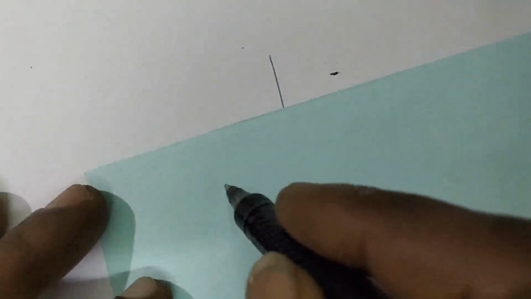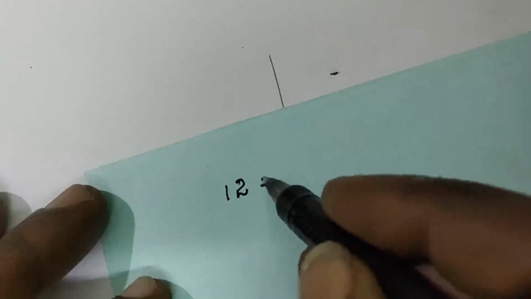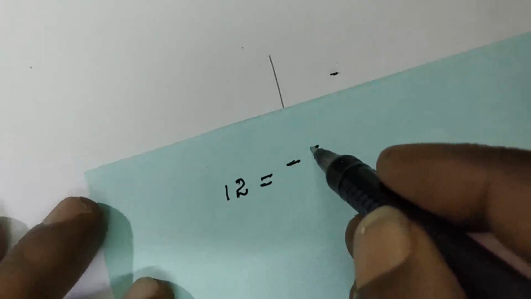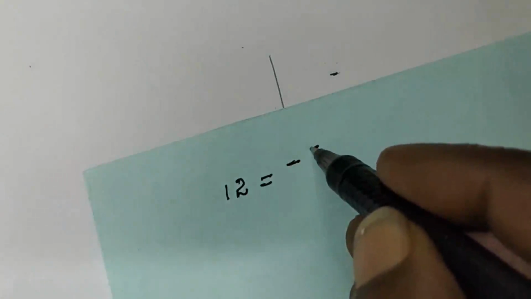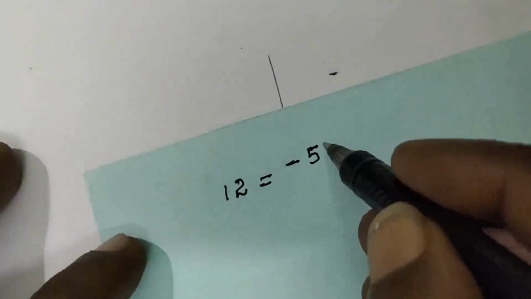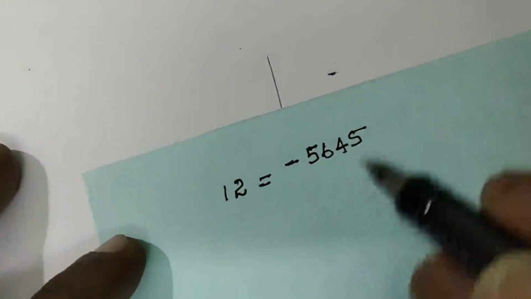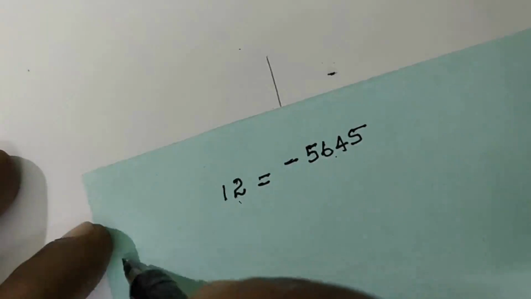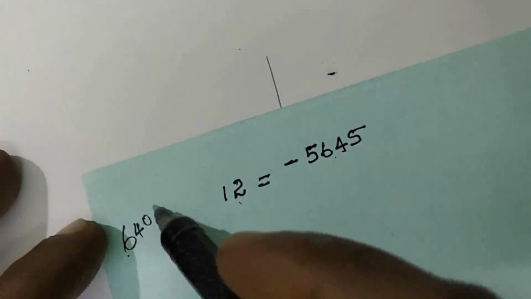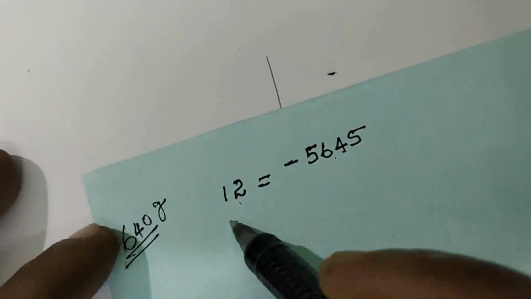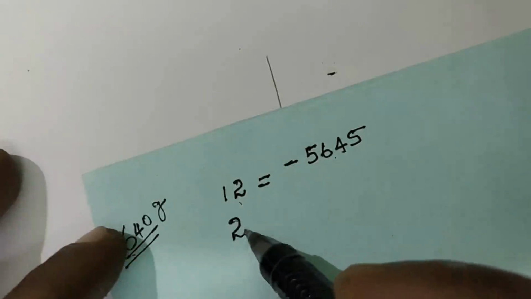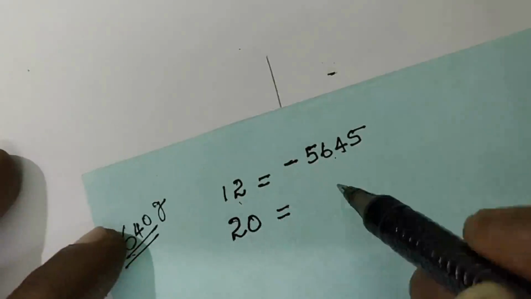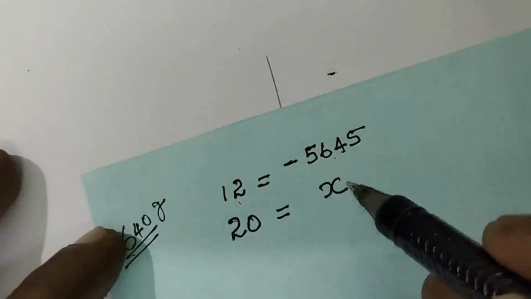And the second part: if 12 moles of oxygen is used, the heat liberated is minus 5645. 640 gram means 20 moles of oxygen. If 20 moles of oxygen is used, how much heat is liberated?